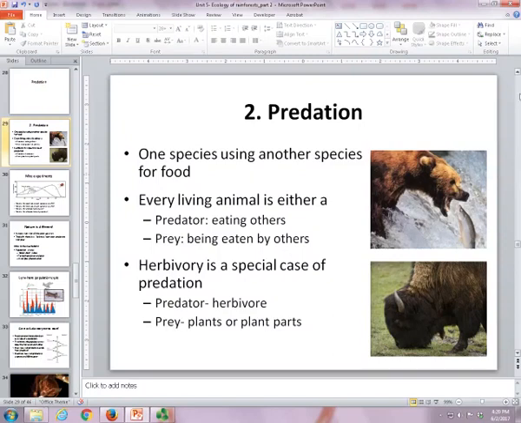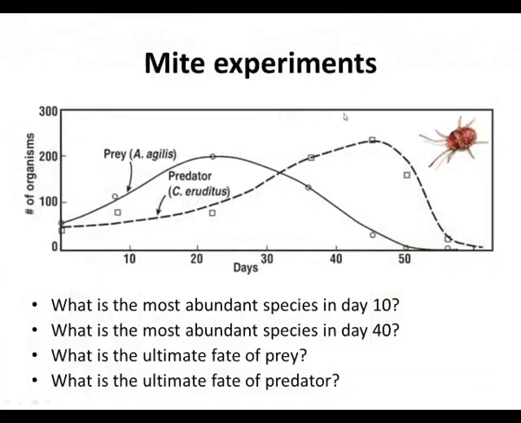In this case, you can see this grizzly bear is eating a salmon. So this is the predator and this is the prey. In this case, the same thing is happening, but it's a little bit different. Herbivory is a special case of predation. The predator is the herbivore, and the prey is either plant or plant parts.